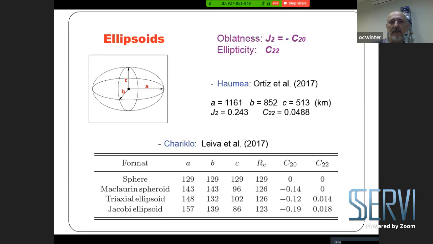In the case of Haumea, that seems to be quite well defined with good precision. But in the case of Chariklo, there are several possible solutions for the occultations found up to now, as was shown in the previous presentation. So we will try to make some connections with the shape of Chariklo using some information from the rings. So next slide, please.